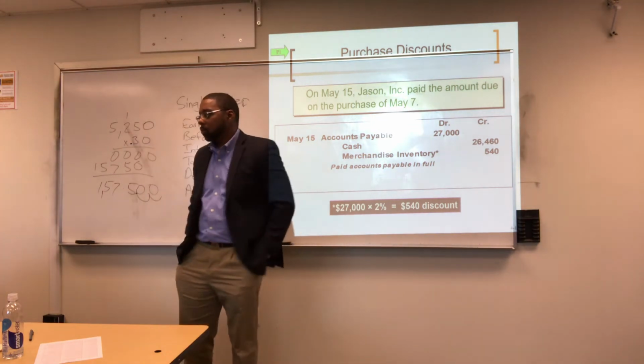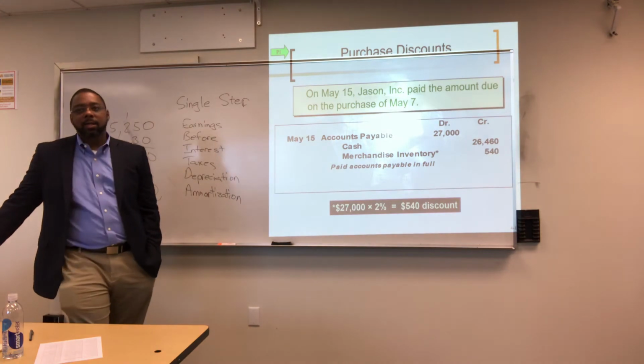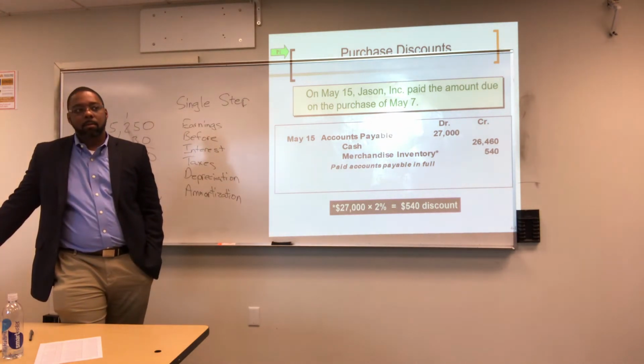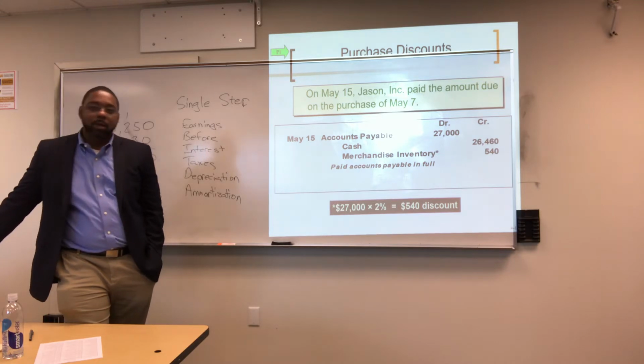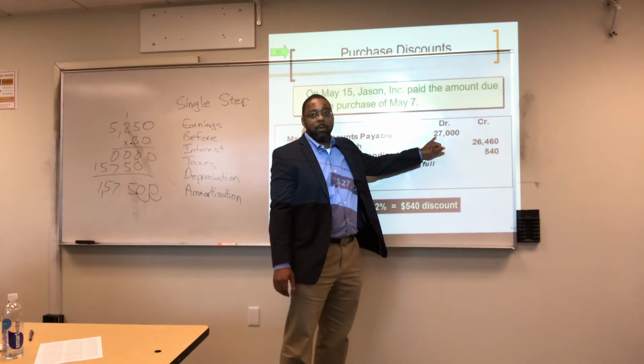Scholars, why did we credit the merchandise inventory instead of crediting an account like a discount? Cost principle. Good. Wow, you really went deep on that. It is the cost principle. Because the truth is, we did not pay $27,000 for the merchandise.